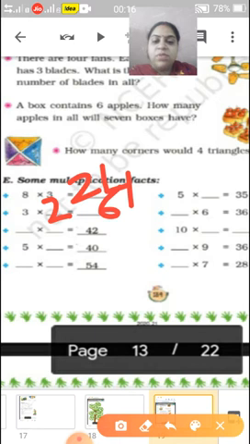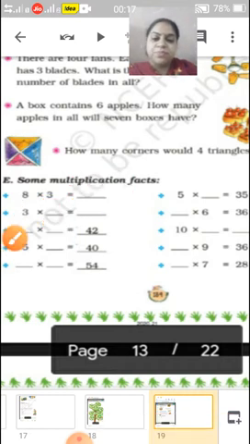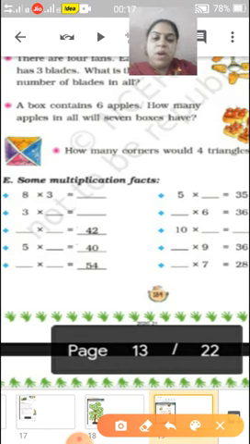Now what will come that is 42? We can write 6 times of 7 is equal to 42. Now come to next. 5 times of what is equal to 40? So children, 5 times of 8 is equal to 40.